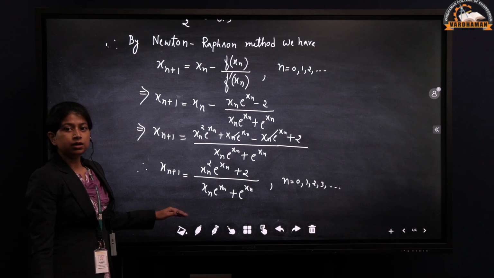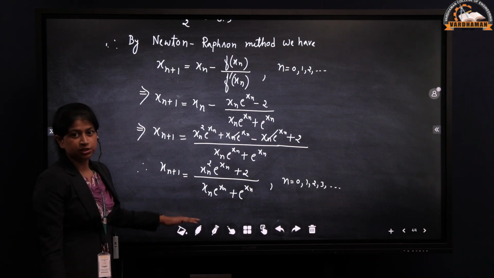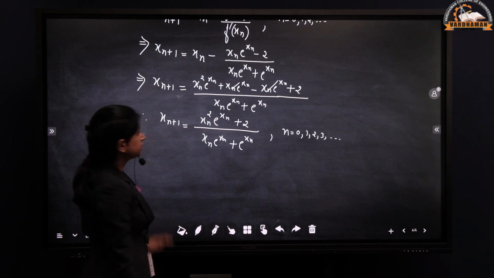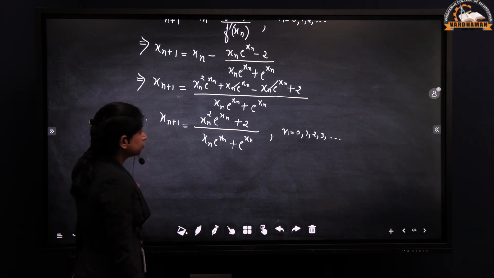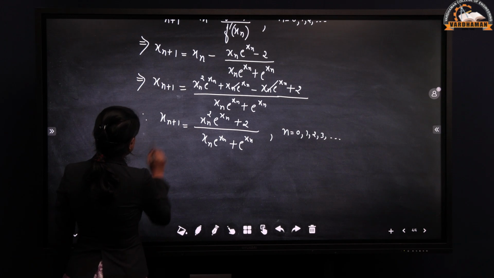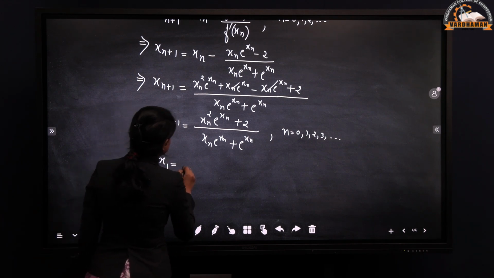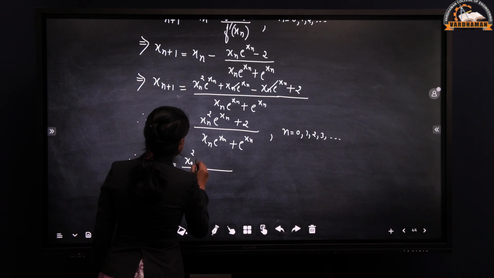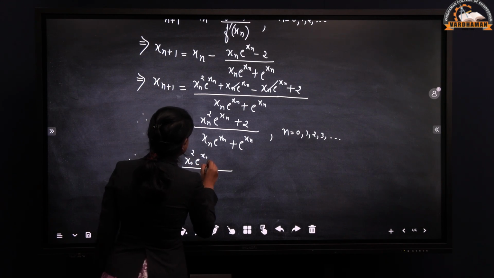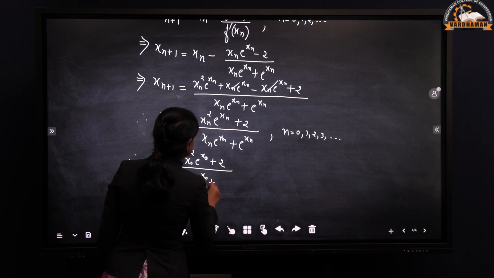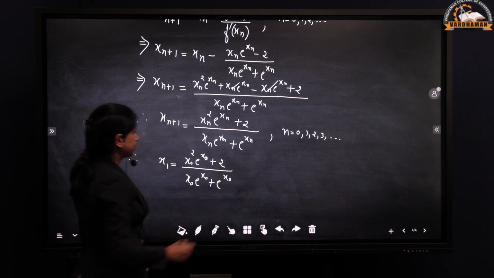So from here only we will get the approximations. So what will be the first approximation? To get the first approximation, we need to put n equal to 0. So if you put n equal to 0, x1 is equal to (x0^2 e^x0 plus 2) by (x0 e^x0 plus e^x0).